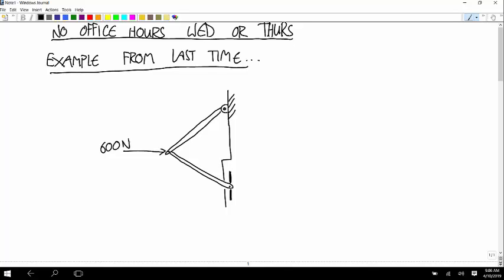At this instant, the lengths are both 3 meters. The masses are both 10 kilograms. At this instant, neither of these two things are moving.